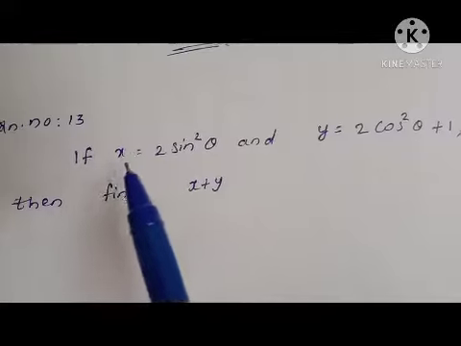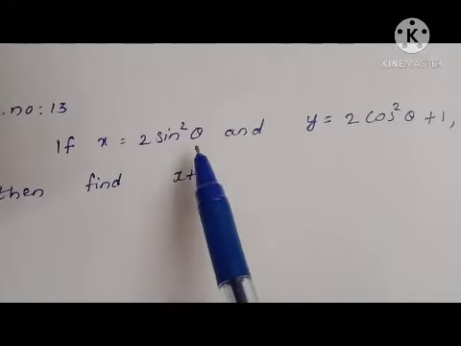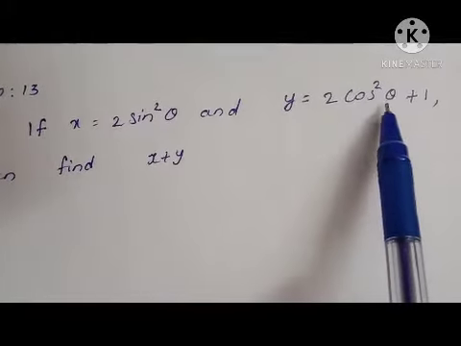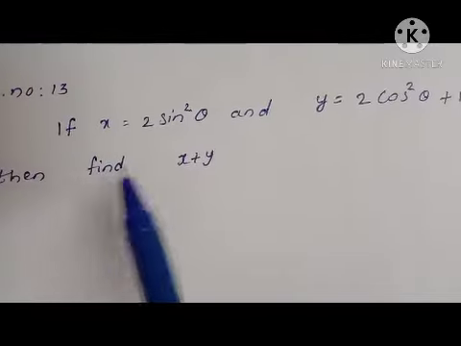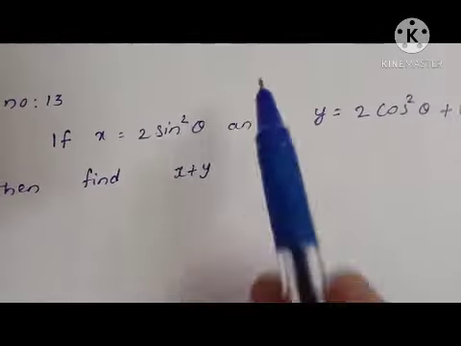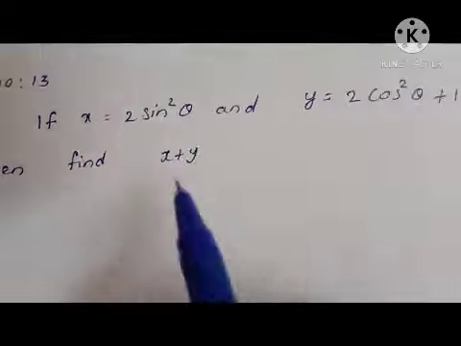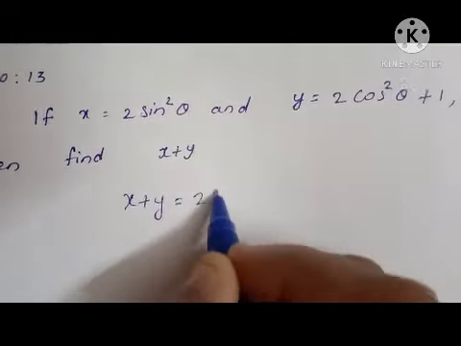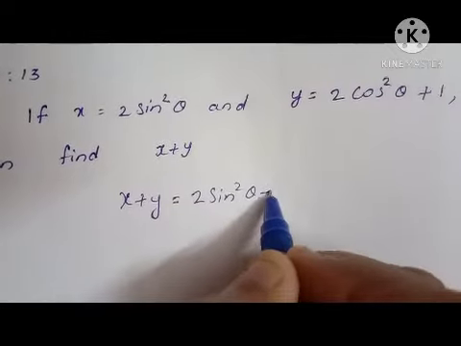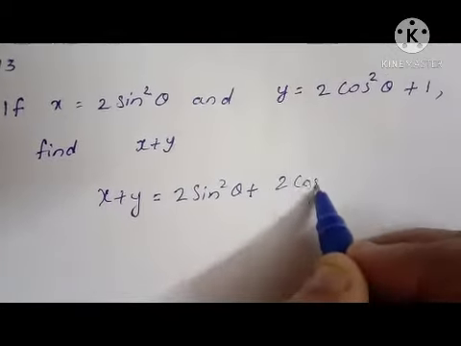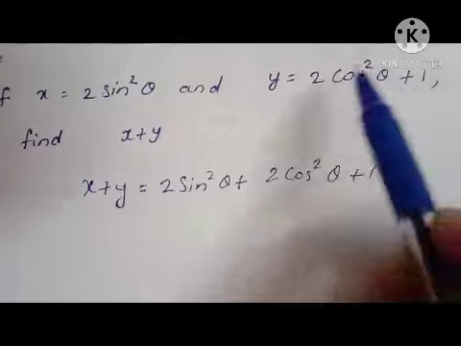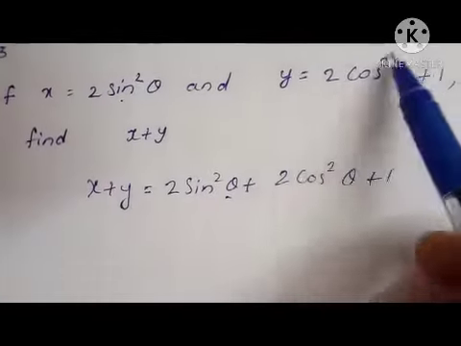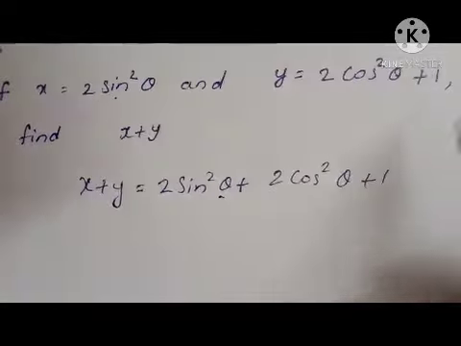Number 13. If x equal to sin square theta and y equal to cos square theta plus 1, then find x plus y. So we have to add x and y. We can write x plus y equal 2 sin square theta plus 2 cos square theta plus 1. X means 2 sin square theta, y means 2 cos square theta plus 1.